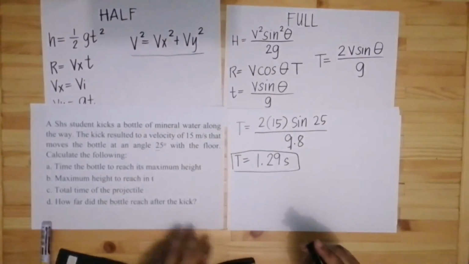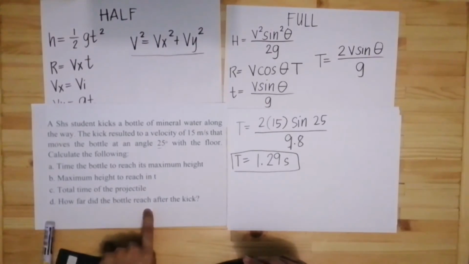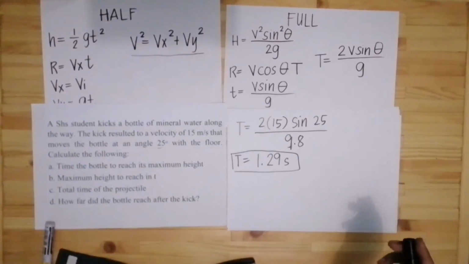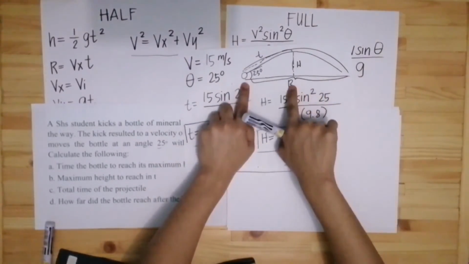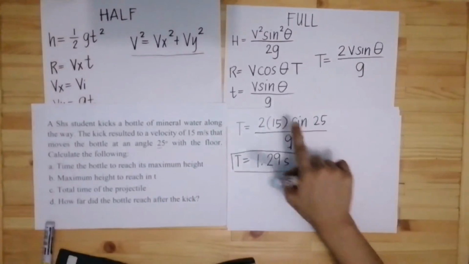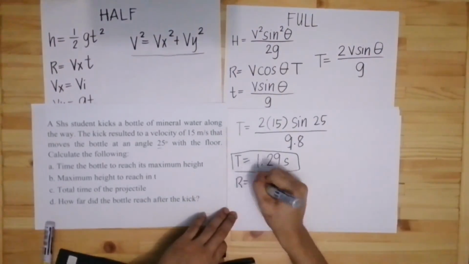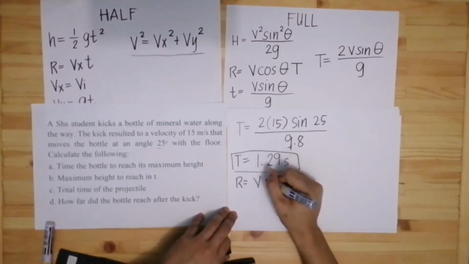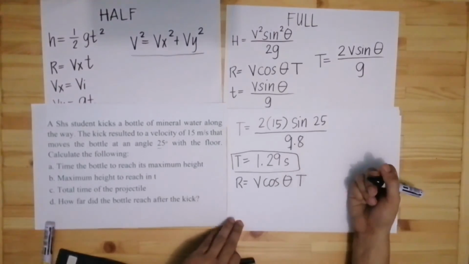Next is last one, letter D. How far did the bottle reach after the kick? So, how far daw? So, ang tinutukoy dyan is the range. Ito yon. From this point to this point, yung range natin. So, yan ay capital letter R. So, madali lang yan. So, capital letter R is equal to, the range is velocity cosine theta times the total time.